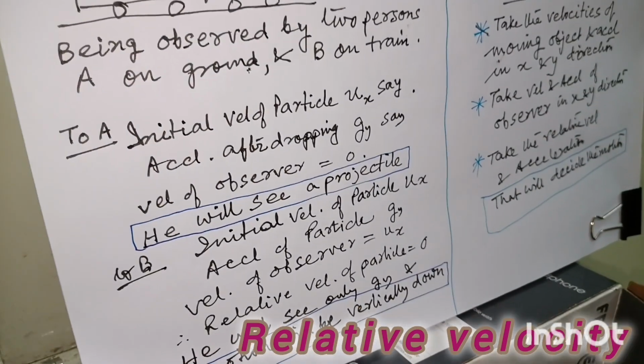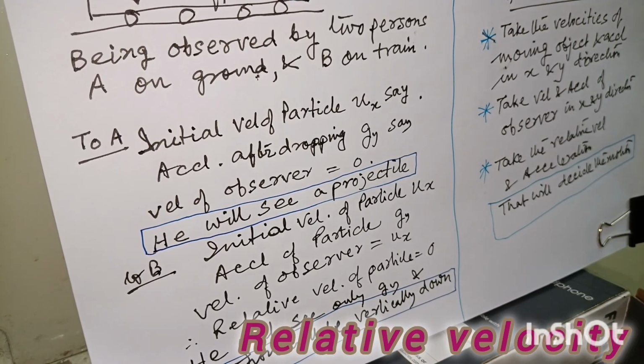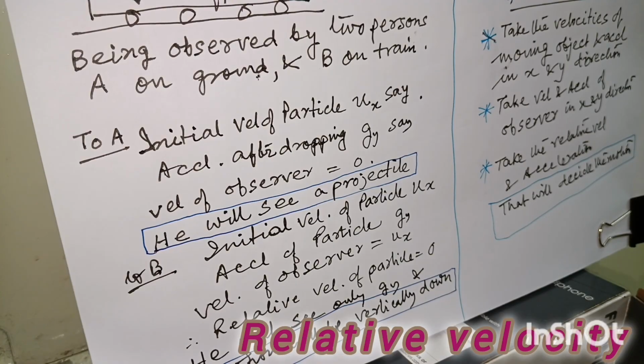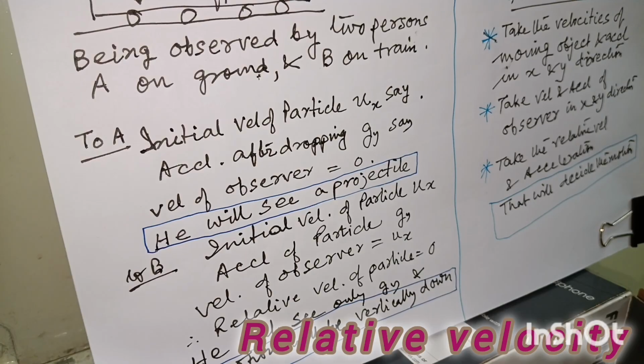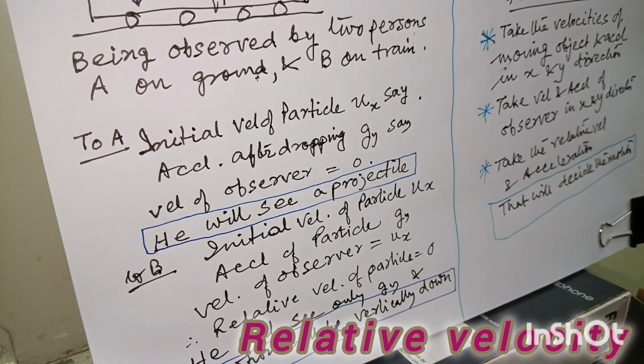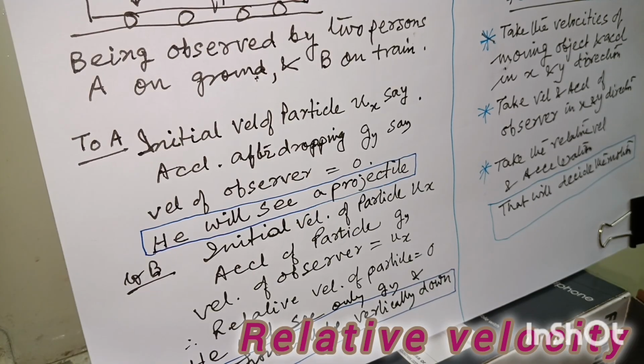Now come to the case of observer B. In this case also, the initial velocity of the particle is ux and the acceleration of the particle is gy. Those two are the same, but the observer is now inside the train. So he also has a velocity ux. That means the relative velocity of the particle with respect to the observer is 0, because both are moving with ux horizontally.